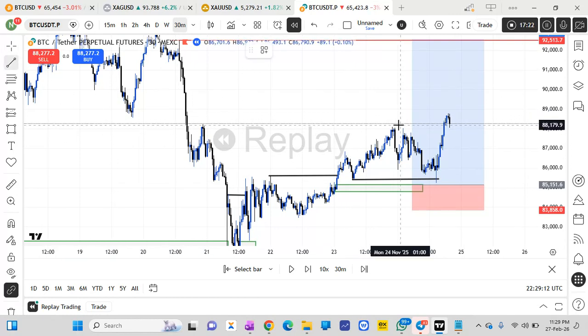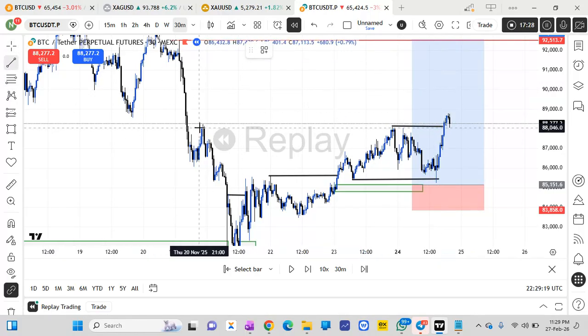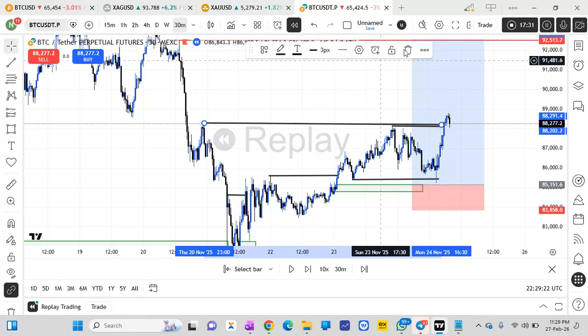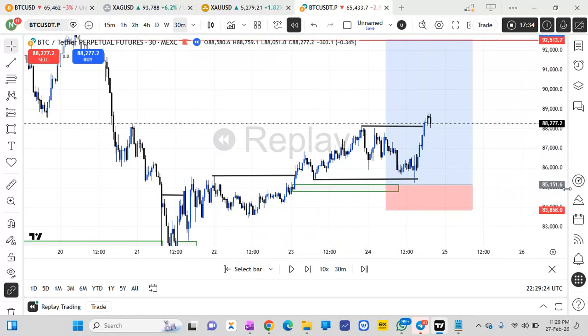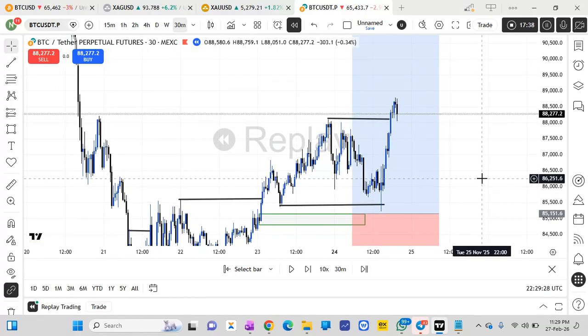So you can still map out here and map out here. It's still the same thing. So let's see. Let's look for a buy now. I can take a buy here.